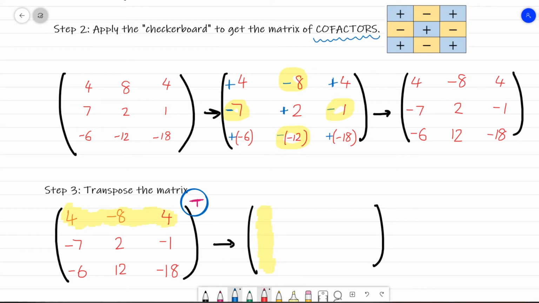The second column is going to match the second row. We're going to have minus 7, 2, minus 1, and then minus 6, 12, minus 18. That's step 3 done.